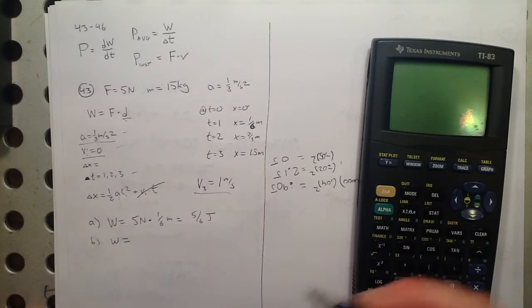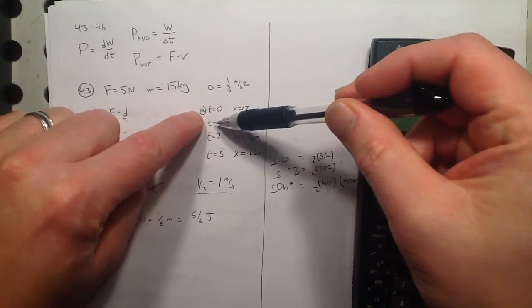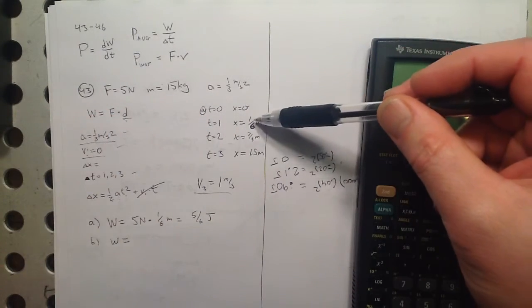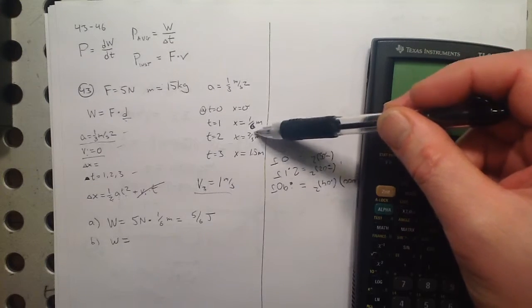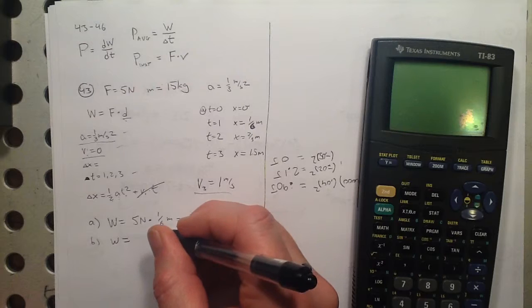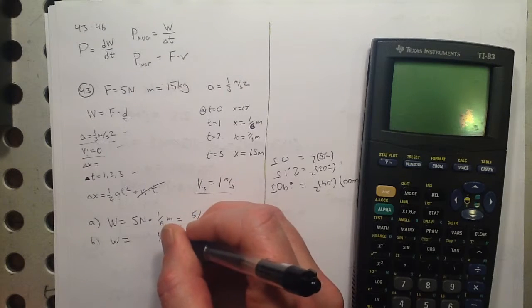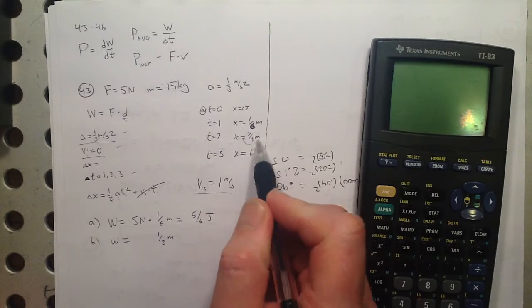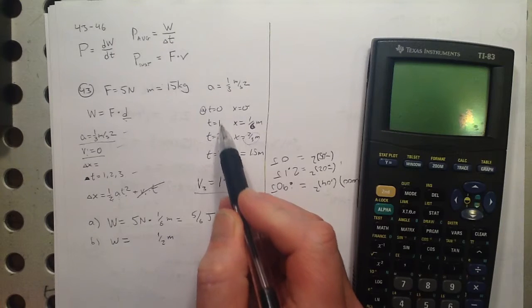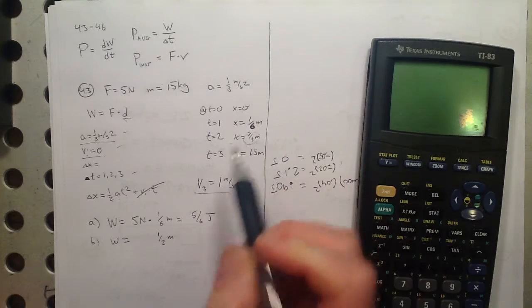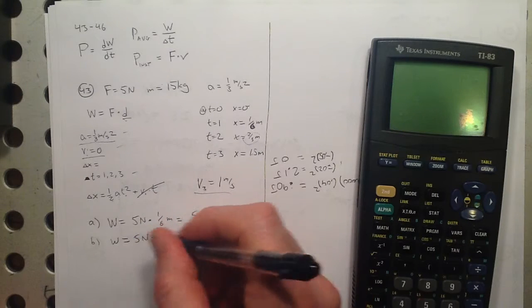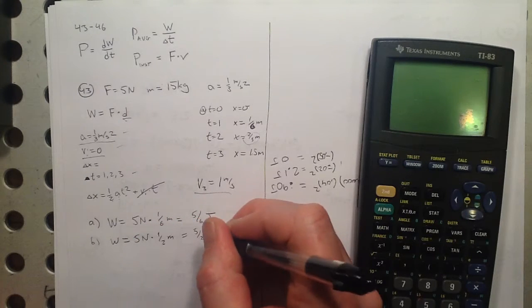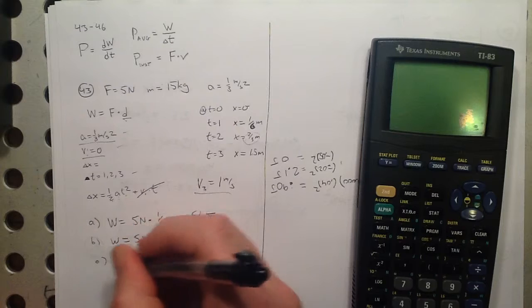The work done in the second, that's between time 1 and time 2, it went from 1/6 to 2/3, or in other words, from 1/6 to 4/6. So it went 3/6 or 1/2 a meter. I'm not using this number because I only want to know how far it went during that time interval. So it went from here to here. So that's 5/2, 2.5 joules.